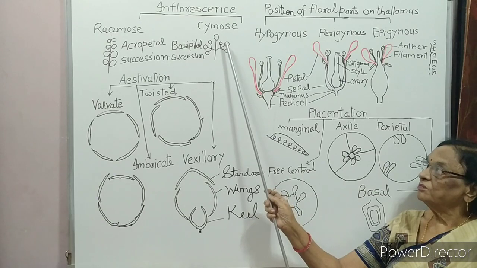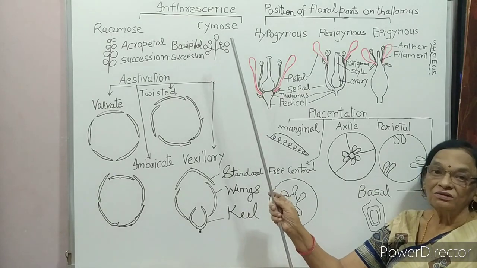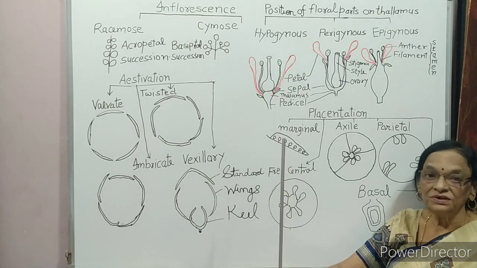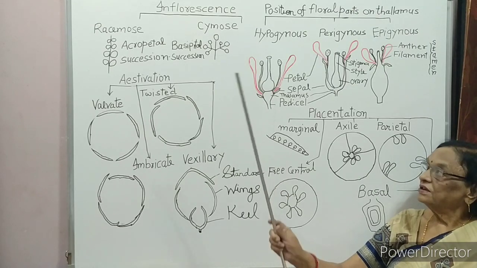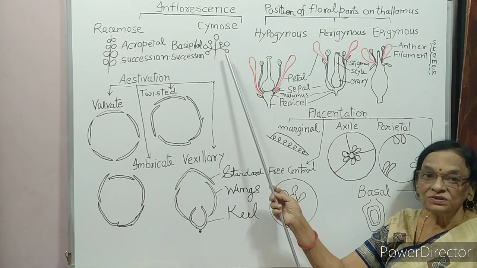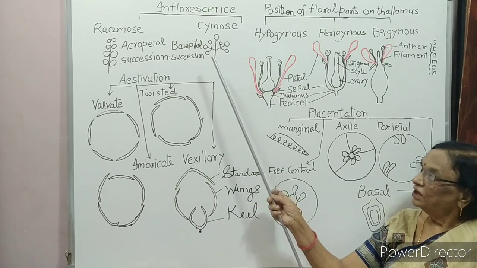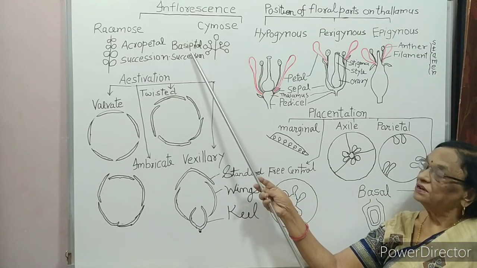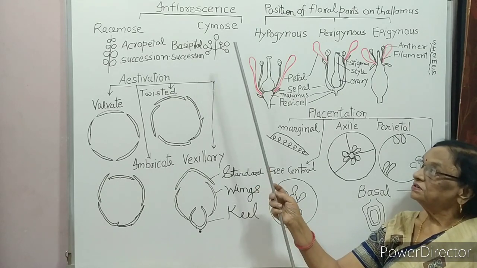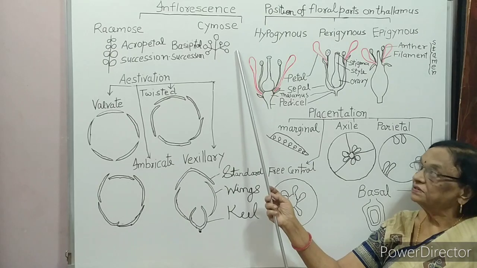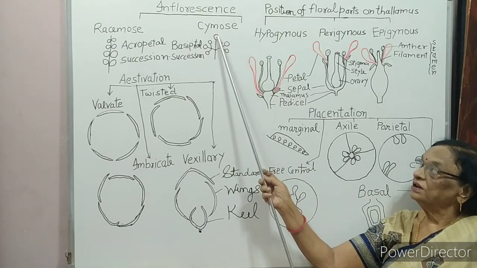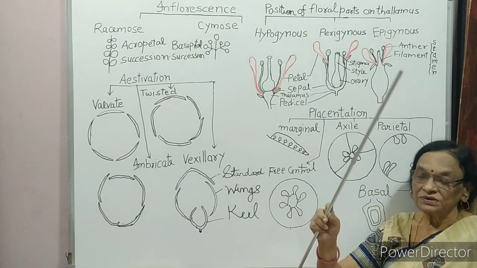The tip stops growing. So the height of a cymose inflorescence plant is very small, and the cymose inflorescence has flowers in basipetal succession, meaning the young flowers towards the base and old ones towards the apex.